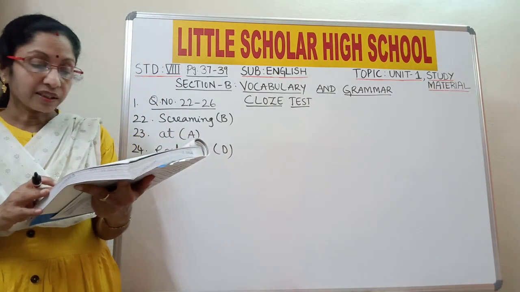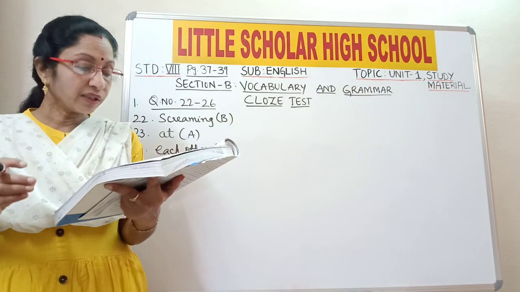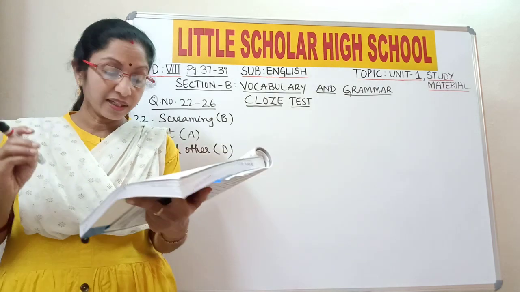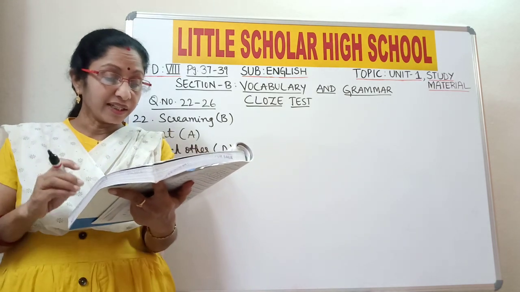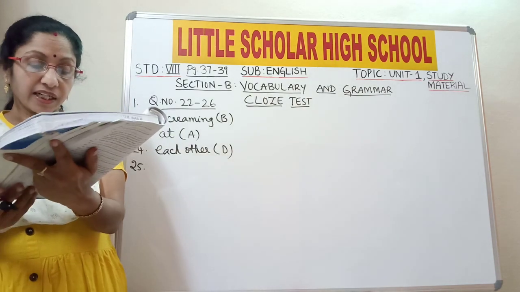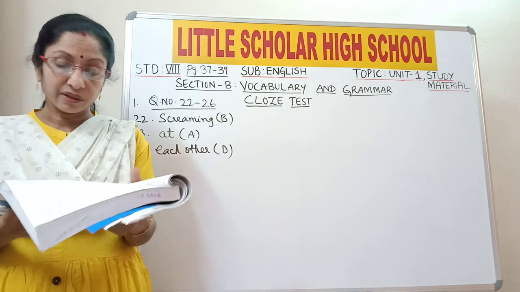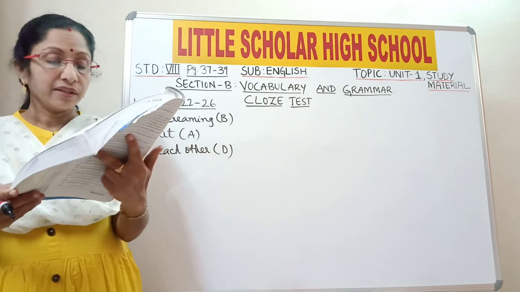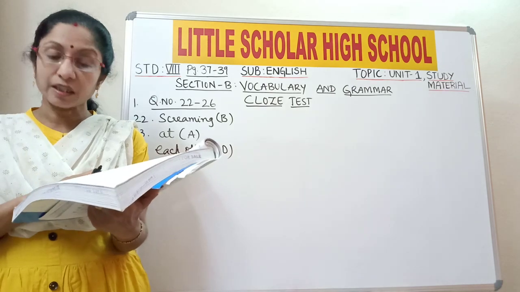Question number 25. Each one tried. Some children tumbled down. Each one tried to dash a bigger loaf. Each one tried. Tried again is a past tense. Options are for question number 25. A, gotten. B, got. C, get. D, getting. So already the verb tried is in the past tense.